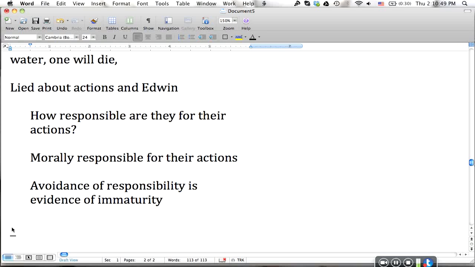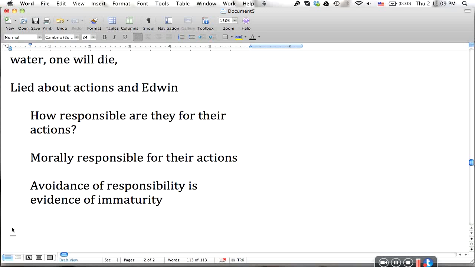Okay, so try to make some distinctions. Even though they might not be tried as adults within that legal system, they're still responsible. They're completely responsible. I don't think that they can just say, "Oh, they were."